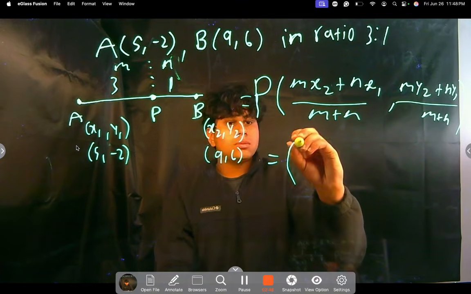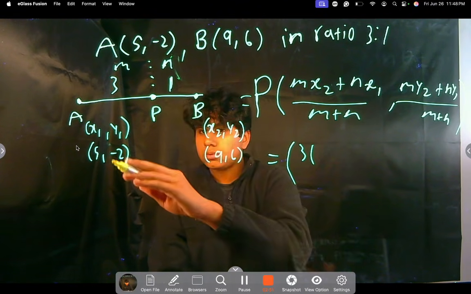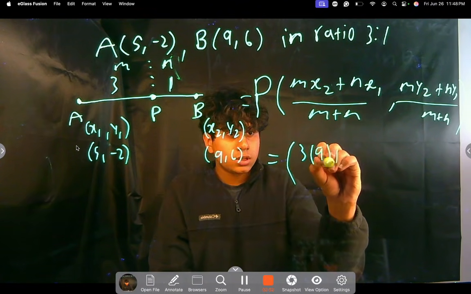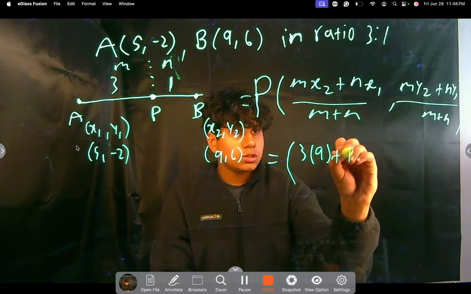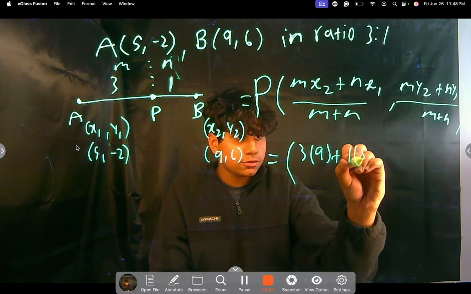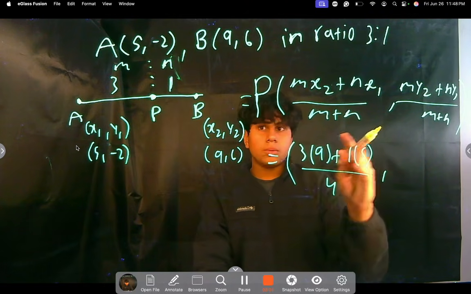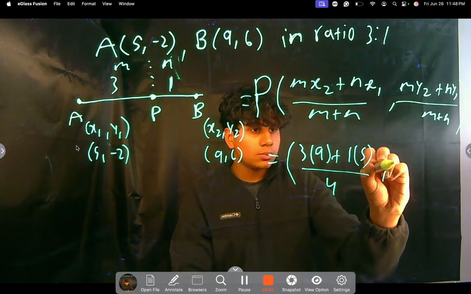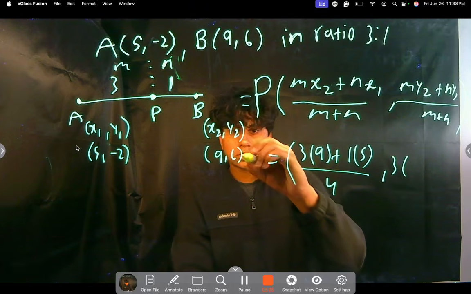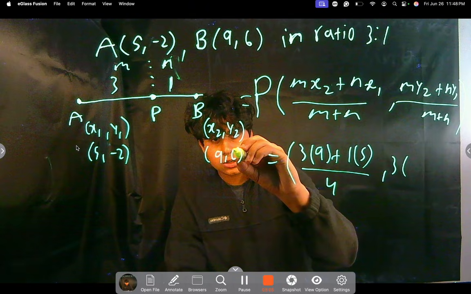So m is 3 times x2, which is 9, plus n, which is 1, times x1, which is 5, over 4, that is m plus n, comma, 3 times y2, which is 6, plus 1 times y1, which is negative 2, over 4.